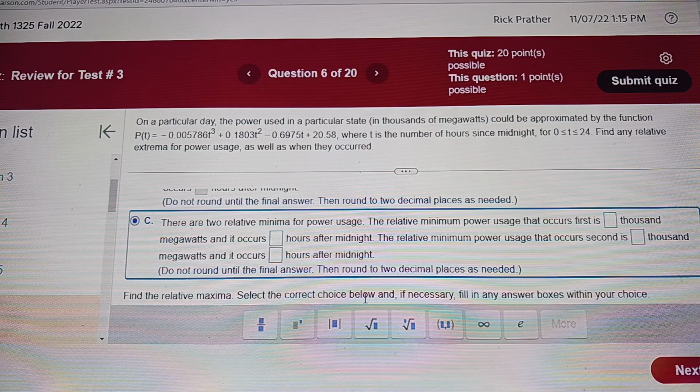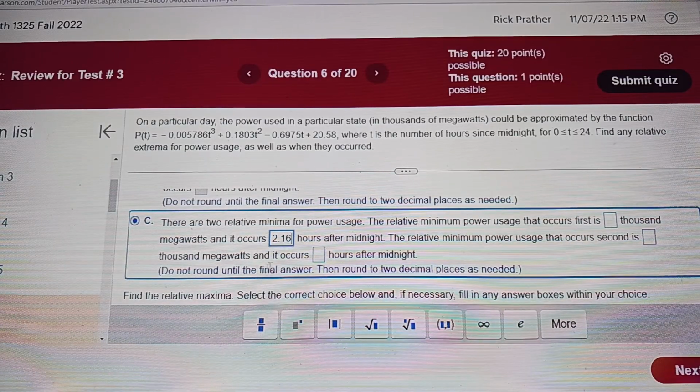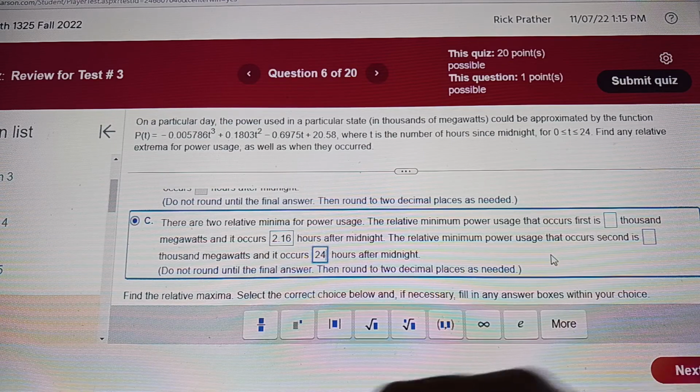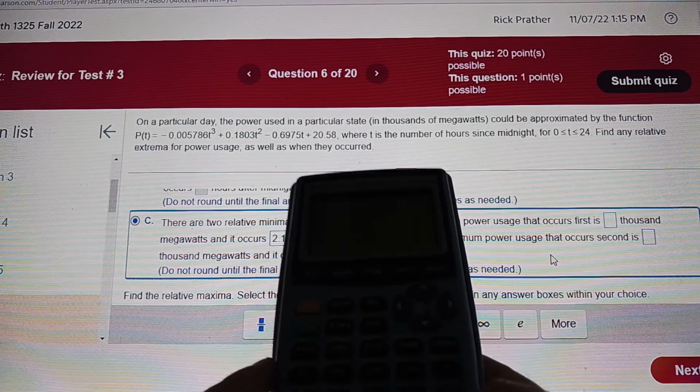So the first is 2.16 hours after midnight. The other one is 24 hours after midnight. And we'd have to plug those into the original function to get their megawatts. Thousands of megawatts. Okay, so I need to plug both of those into the original function.